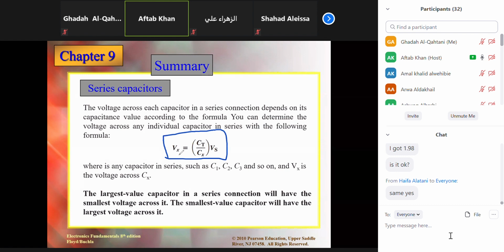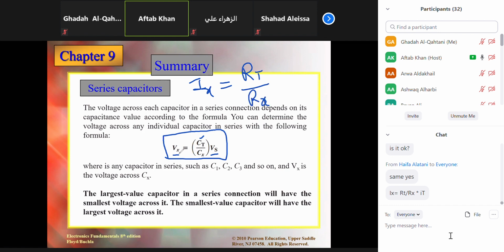For the capacitor case we don't have current, so it is replaced by voltage, and the resistances are replaced by CT and the capacitances. So it is Ix equal to RT over Rx multiplied by IT.